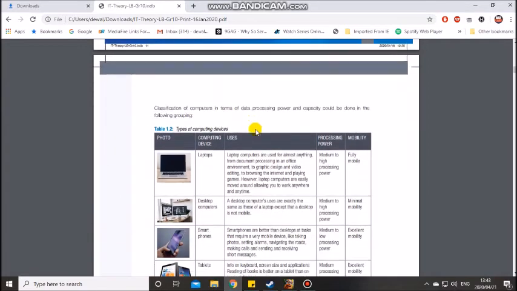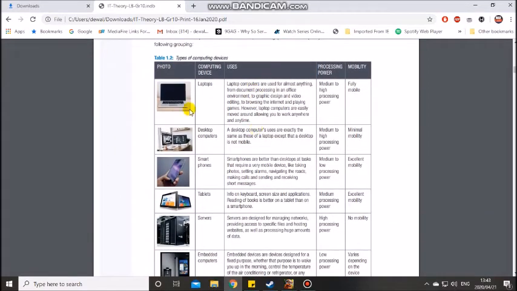Okay, on the next page we can see all the different users. So computing devices such as laptops that are basically used for anything. It's similar to a desktop computer, but yeah, the mobility is mainly what separates a desktop and laptop the most.